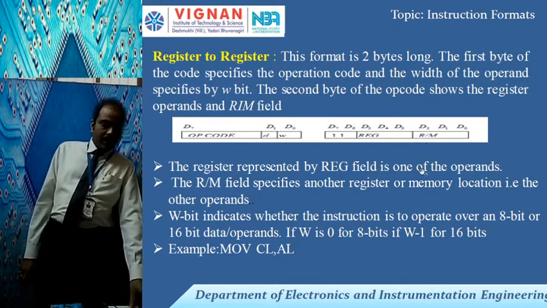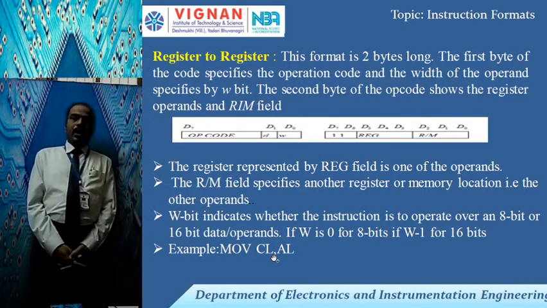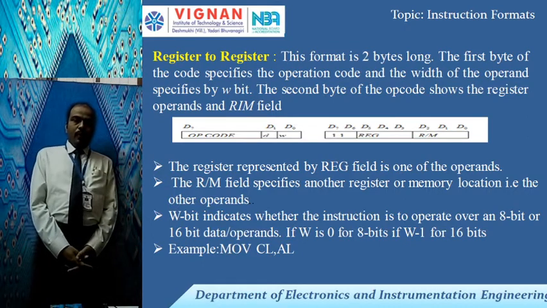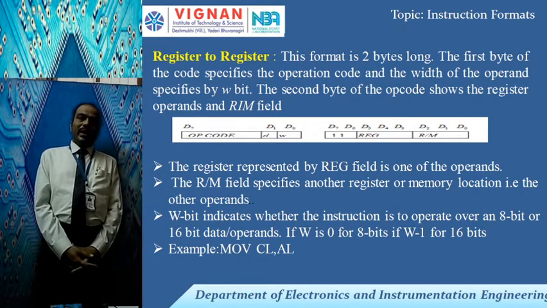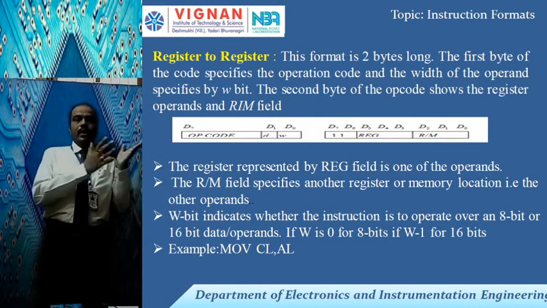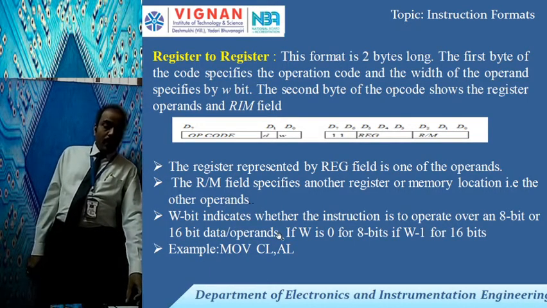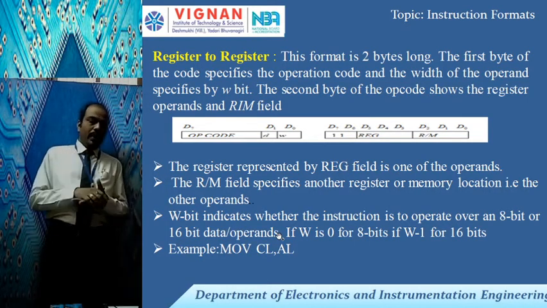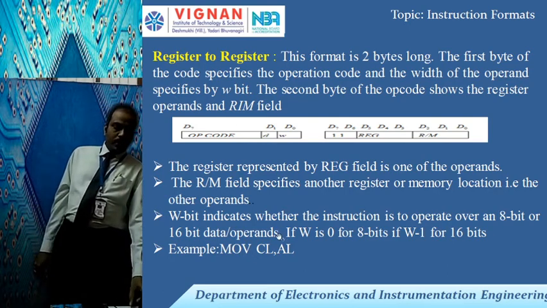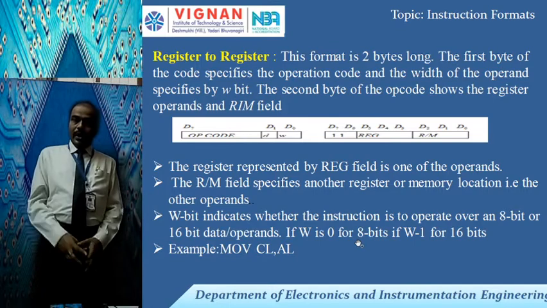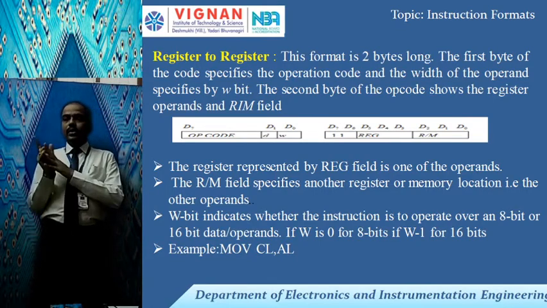So for example, there is an instruction called MOV CL, AL. MOV CL, AL indicates that we have to transfer the data residing in the accumulator register AL into CL. If you convert the first byte to machine language, though that is actually not required, the W value should be 0. If W is 0, that indicates 8 bits. If the W value is 1, that indicates 16 bits.